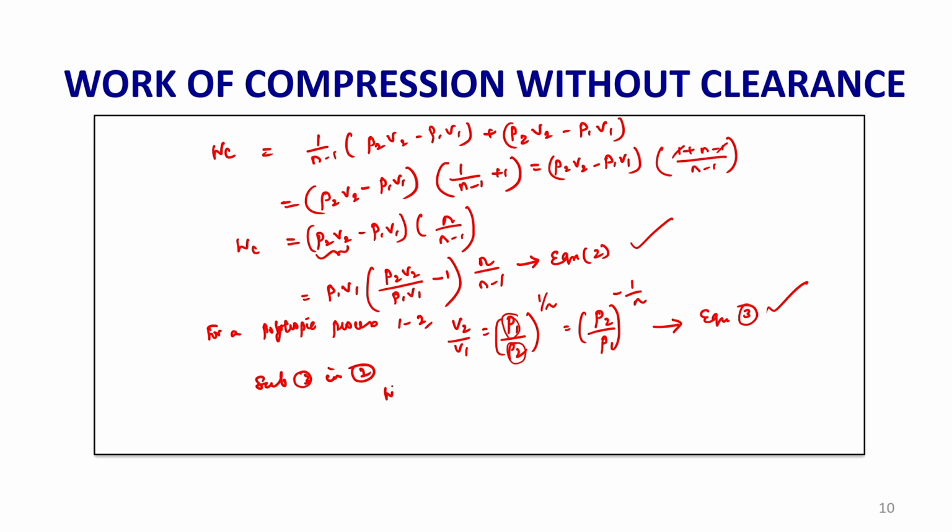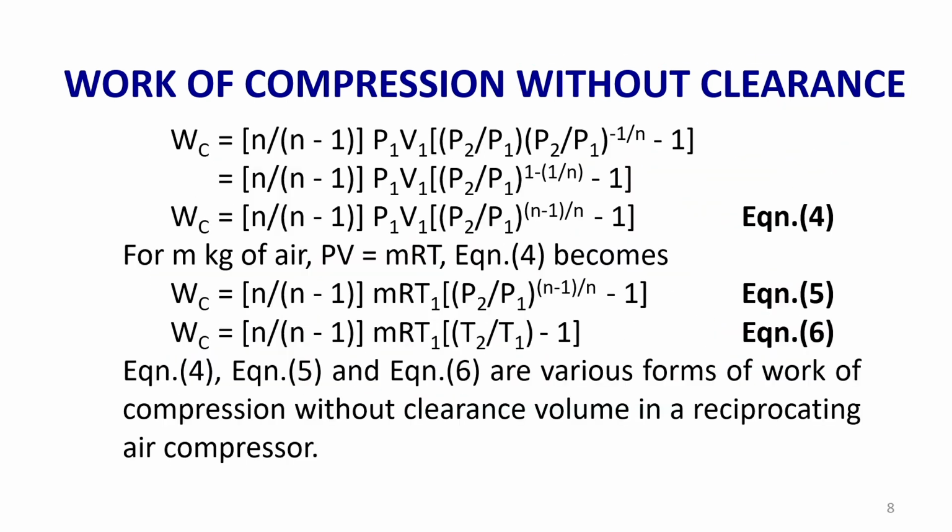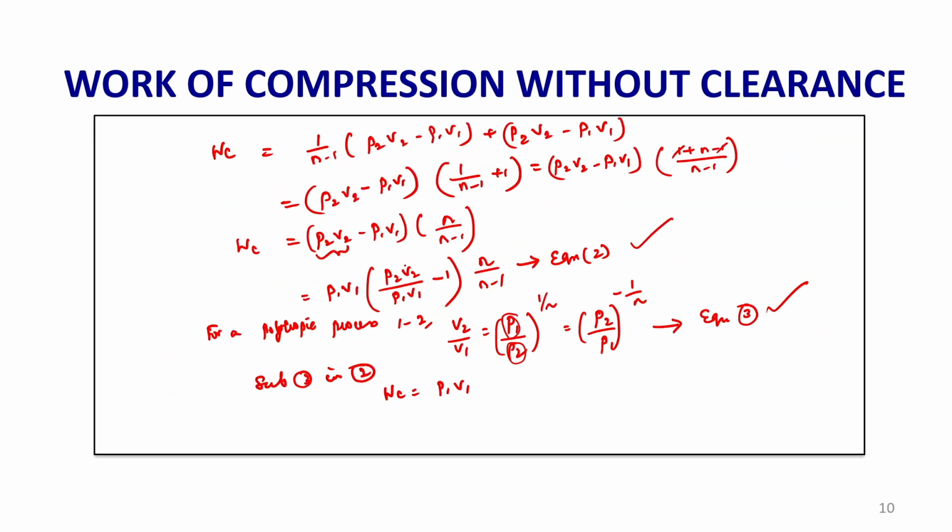So, WC is equal to P1 V1 into, instead of V2 by V1, see V2 by V1 is this term, instead of V2 by V1 I will substitute this one.